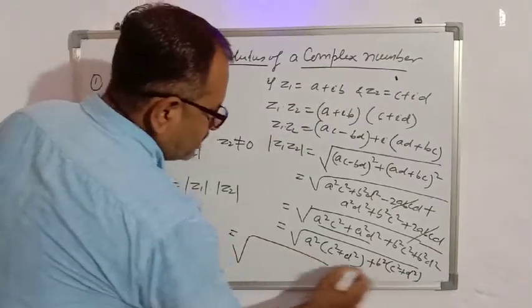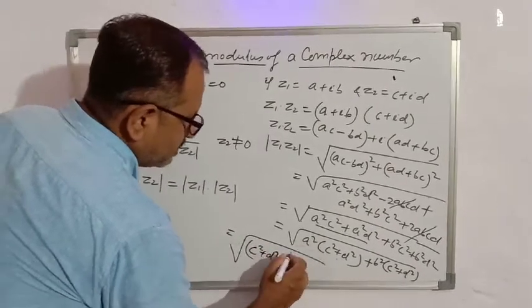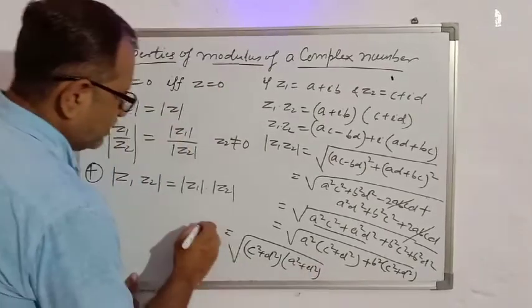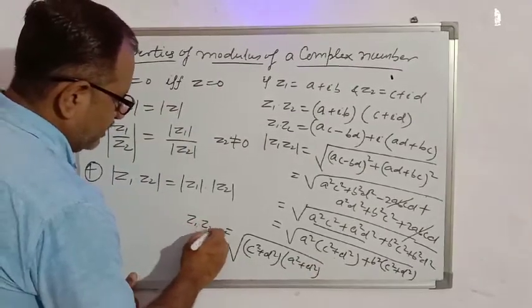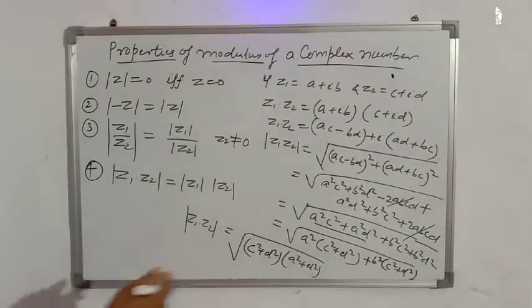C square plus D square is common in both. In the next bracket we will get A square plus D square. It is mod of Z1 into Z2. Now we can write it separately.